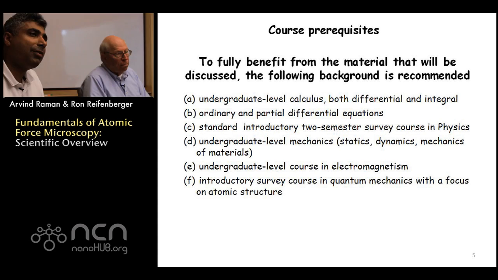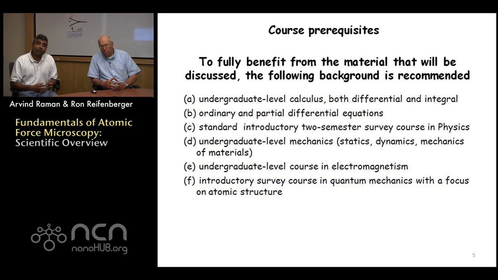Beyond these freshman or sophomore level classes, we do believe that if you have exposure to other undergraduate level mechanics classes, such as statics, dynamics, mechanics and materials, or a class on electromagnetism, or a class on quantum mechanics with particular emphasis on atomic structure, all these would help you understand parts of the class better and faster if you do have this background.